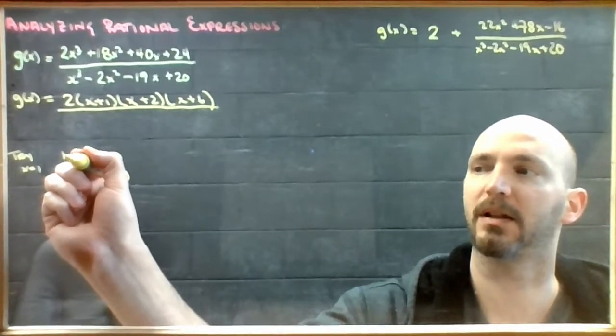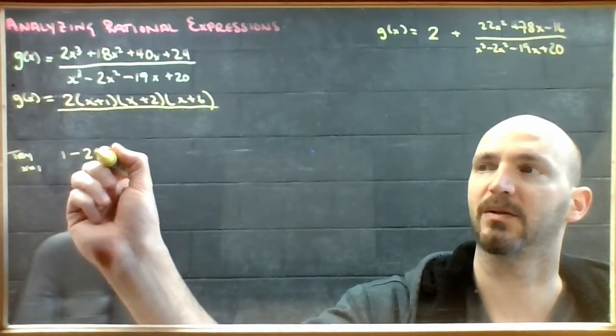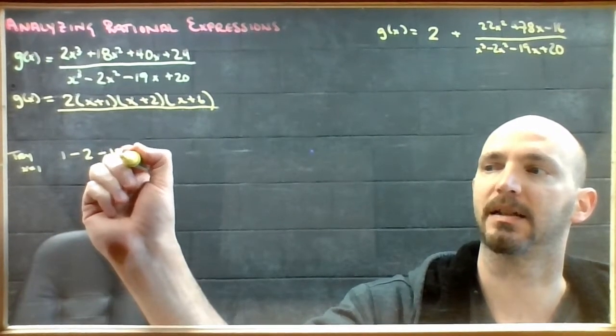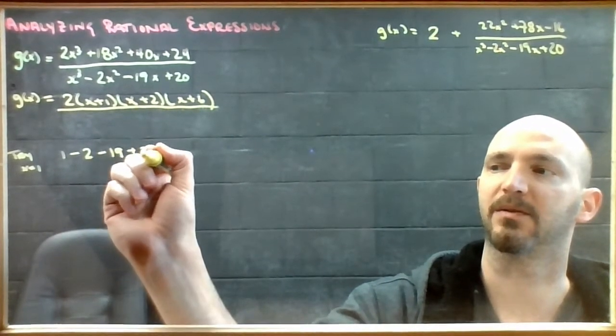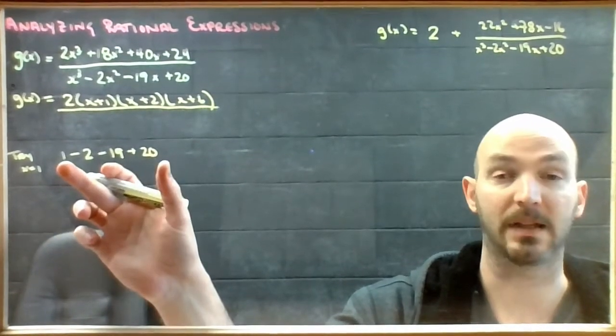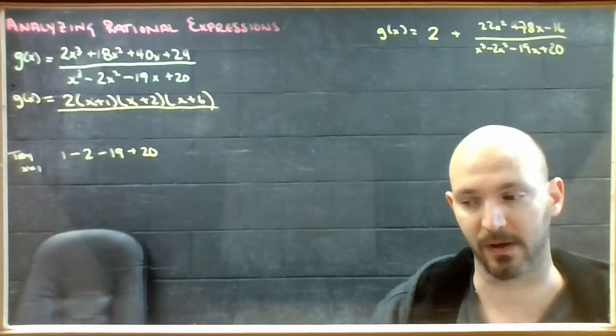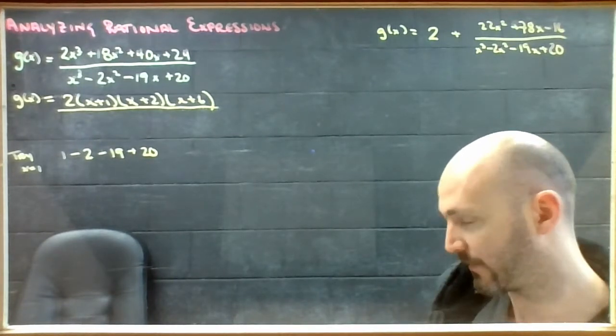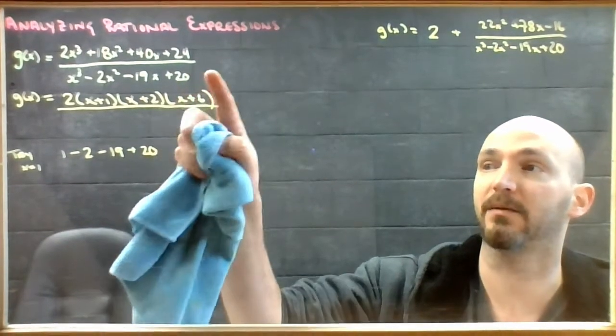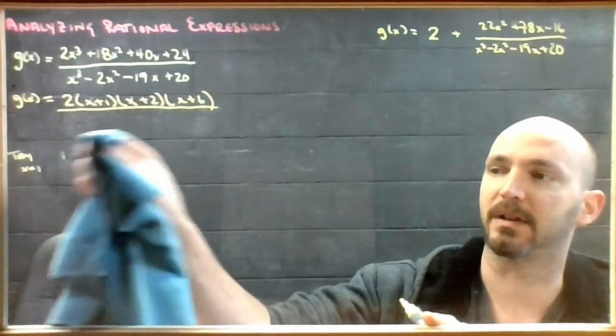So I would have 1 minus 2 minus 19 plus 20. 1 and 20 is 21, minus 2 and minus 19 is minus 21, so that worked. So I'm going to be pulling out the factor of x minus 1 from this denominator.